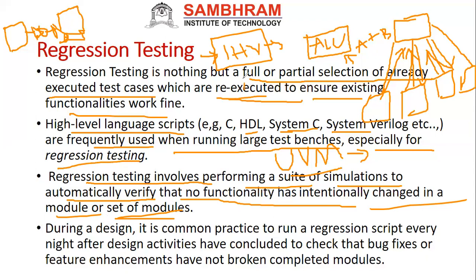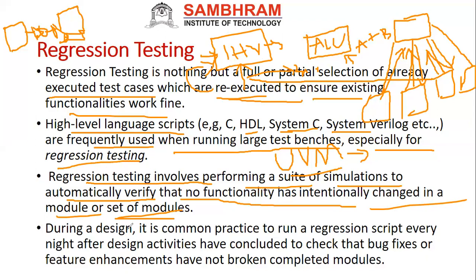Now I might have added some extra feature, and you might have checked that feature separately, which took only 2 minutes to verify. But when I implement it in the system, again I should do the testing completely. So again, I should go for 1 hour. That is why regression testing is very, very important.